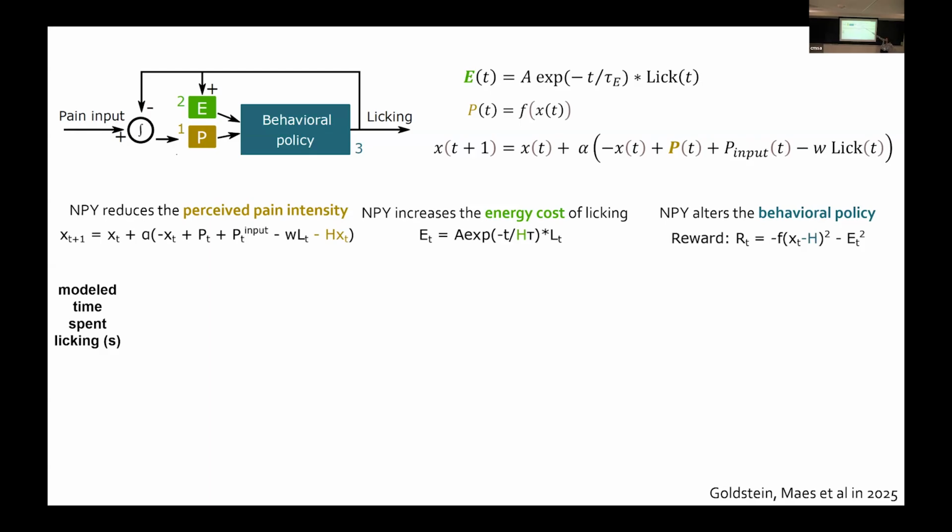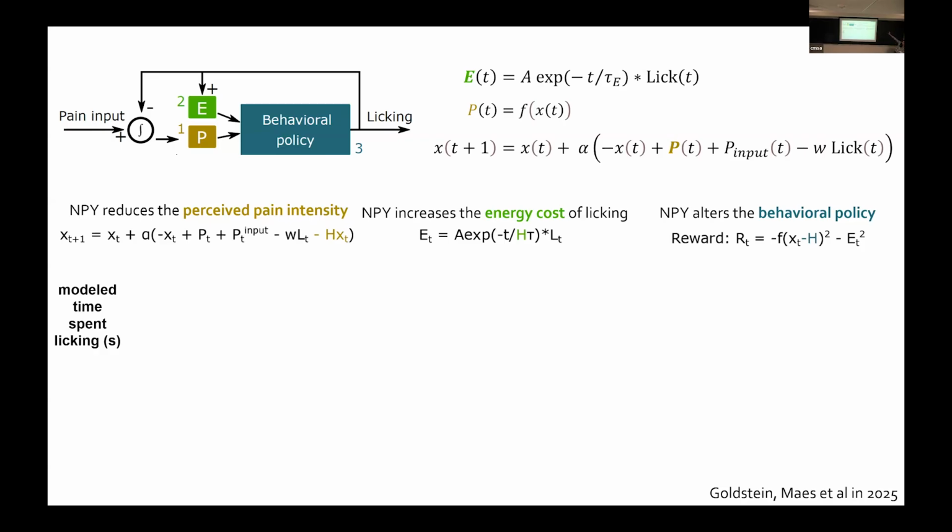Within that integrated term, we have a decay at some rate, an ascending pain input that we just pick up, and an effect of licking on pain. And this term here is the combination of the linear and the nonlinear parts of pain. This is all contributing to allowing the model to saturate, but you don't really need to think too much about that.